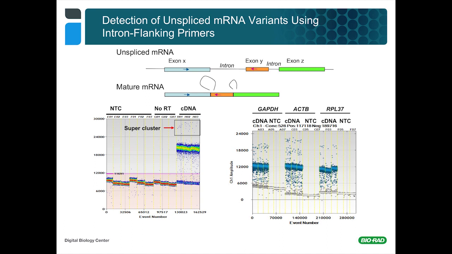So at the same time as you get digital information with the droplet digital PCR, you get some analog information which can give you some extremely interesting insights, and that's shown with 3 other genes on the right as well. So it's a common phenomenon that enables you to look more deeply into the biology of your system.